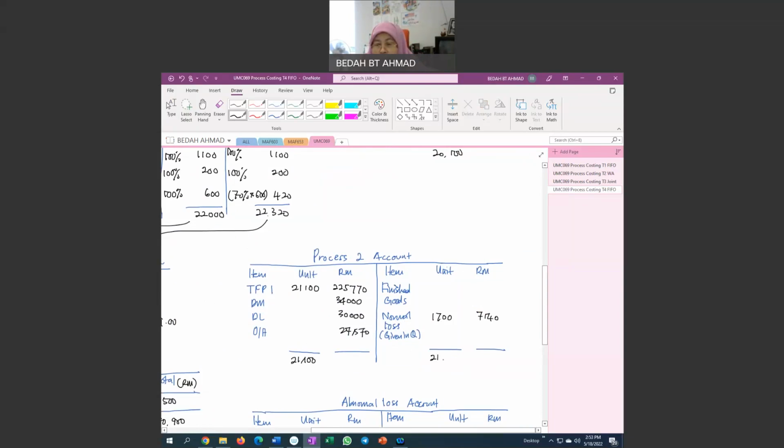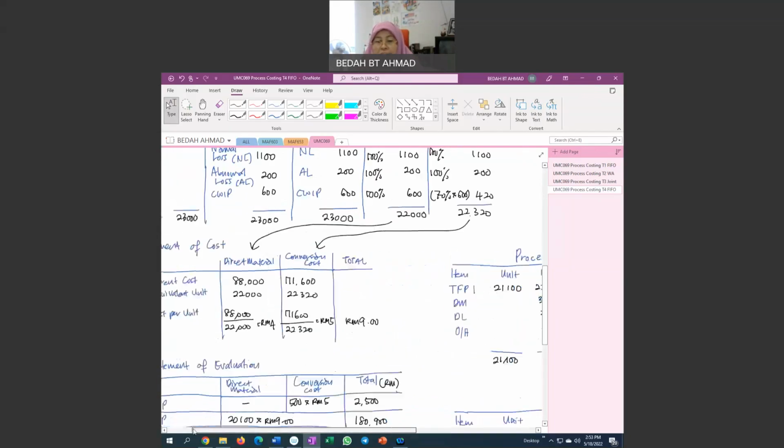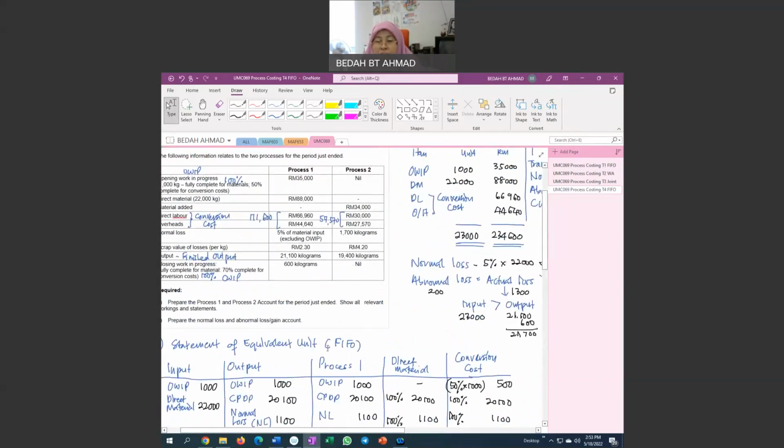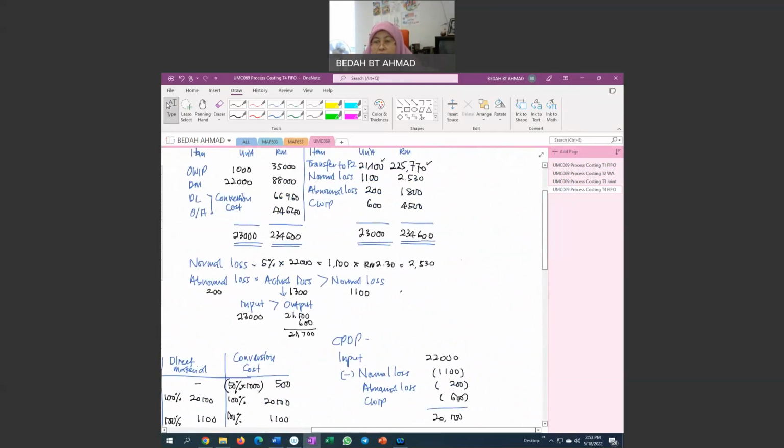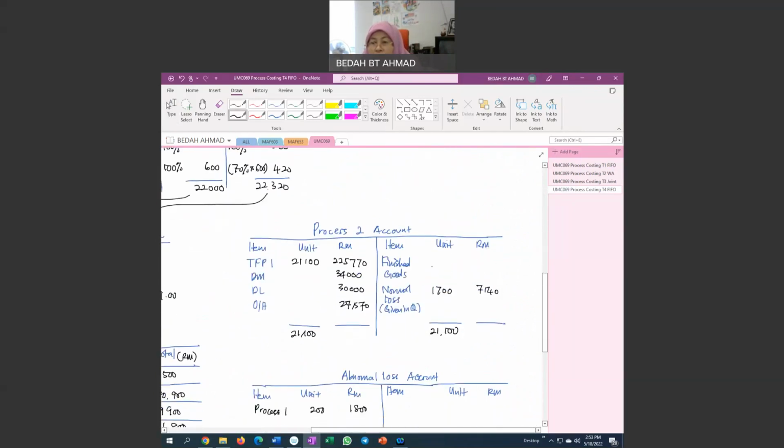That will give us the finished good, 19,400, which is equivalent to the question, where the finished output is 19,400 kilogram. So for these 19,400 kilograms, you can calculate the cost per unit, or you can find it through the balancing figure.